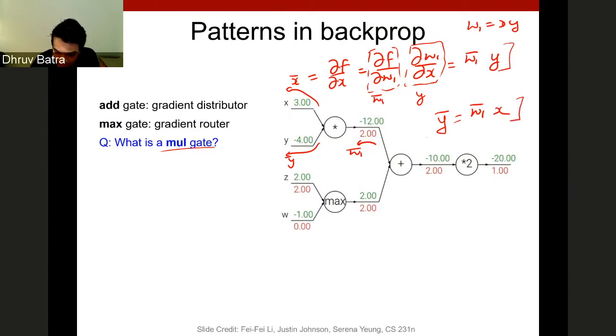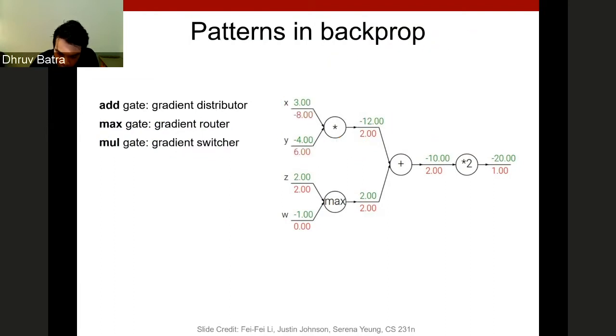And that tells us that whatever gradient is coming in, anytime we hit a product layer, we're going to send that gradient back, but we'll multiply it by whatever was the input from the other side. So what comes here is going to get multiplied by Y, and what comes here is going to get multiplied by X. So you can think of it as a gradient switcher of a kind.